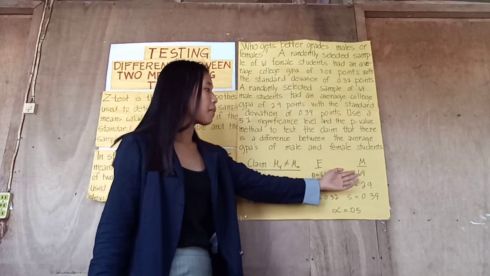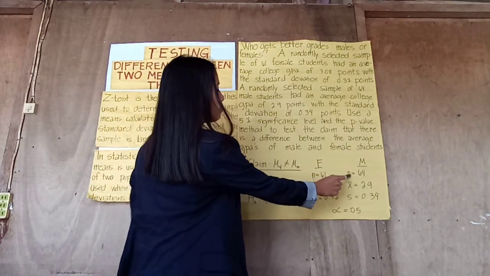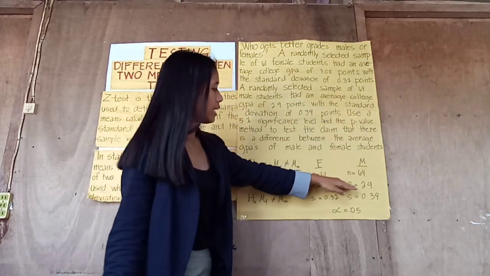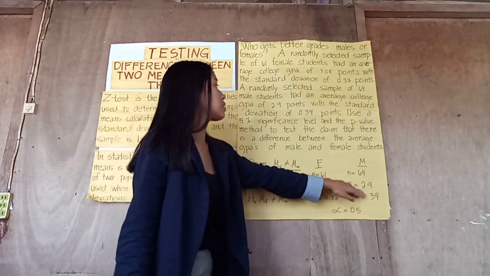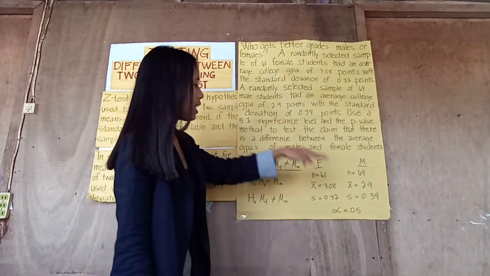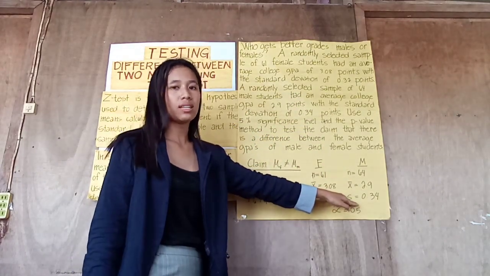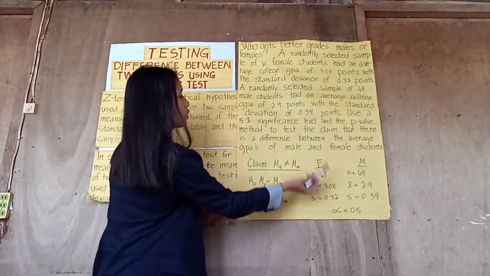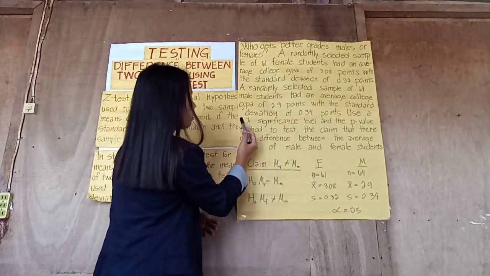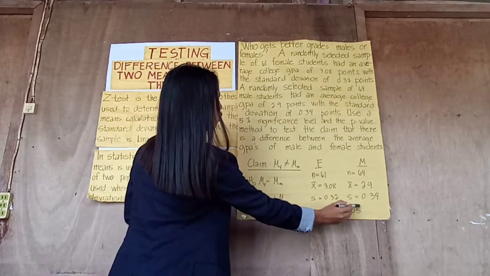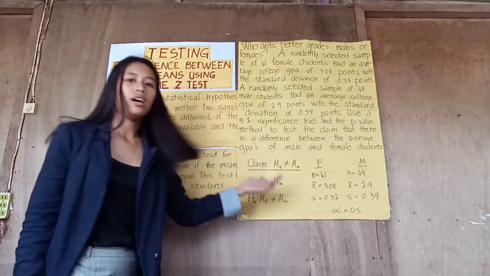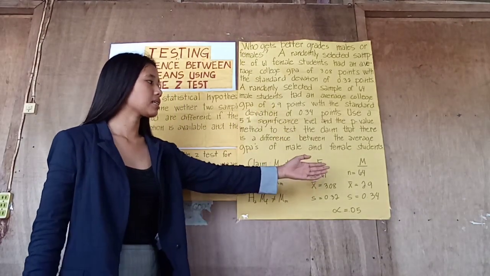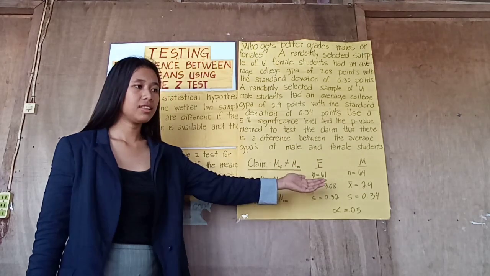For male, the sample size is 64, and then the sample mean or the x bar is 2.9, with the standard deviation of 0.34, with the alpha, which is the significance level, 5% or 0.05. Okay? So row 3, pila ang sample size sa male?